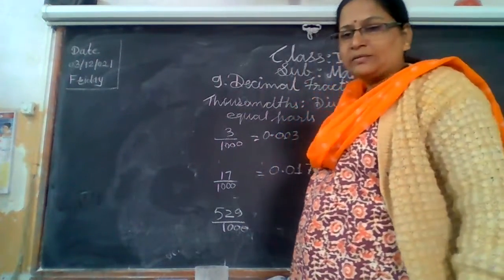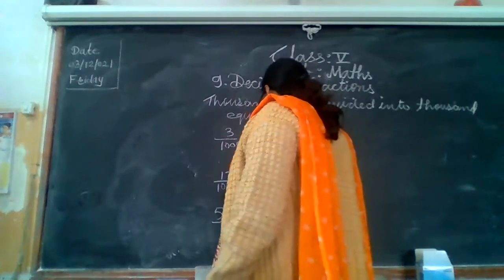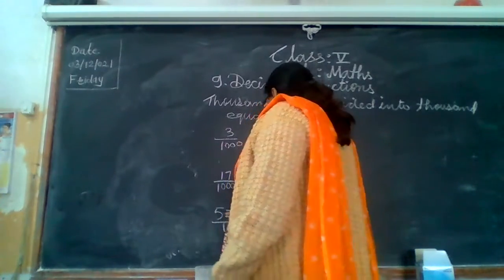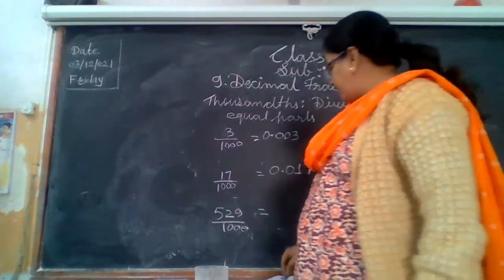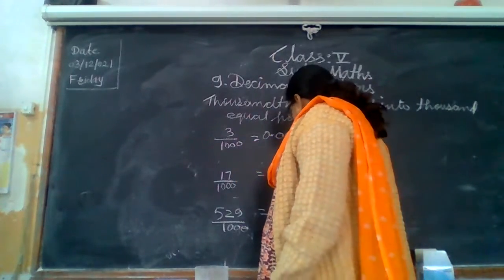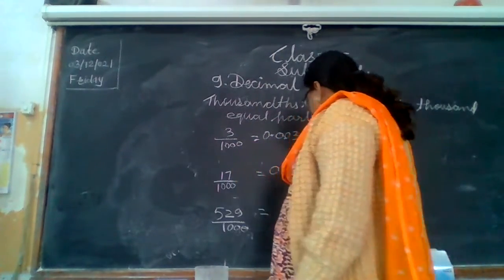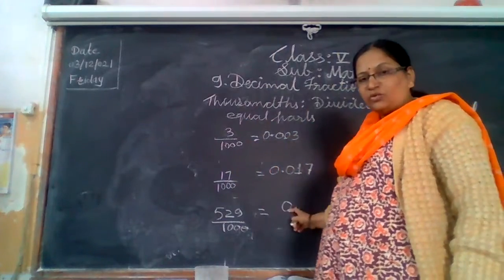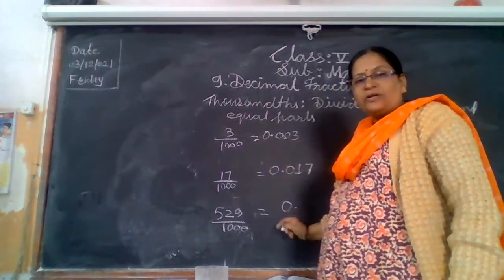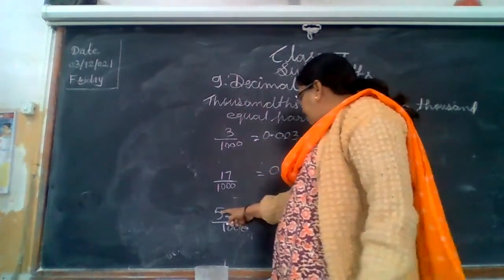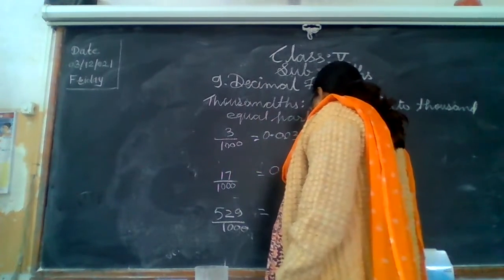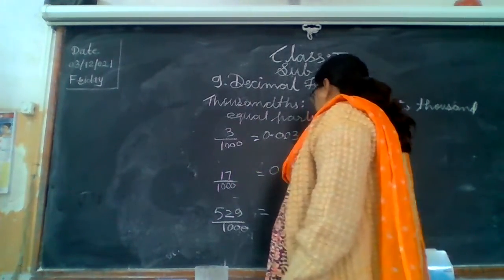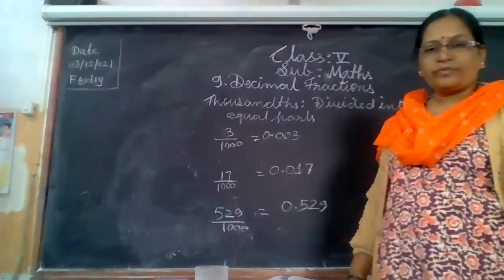Got it? 529 divided by 1000 means there is no whole number. This 0 is for the whole number. The whole number is over, then put the dot. 5 in the tenths place, 29, 2 and 9. Got it?